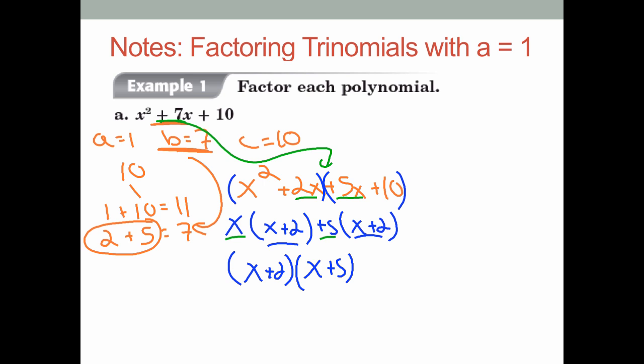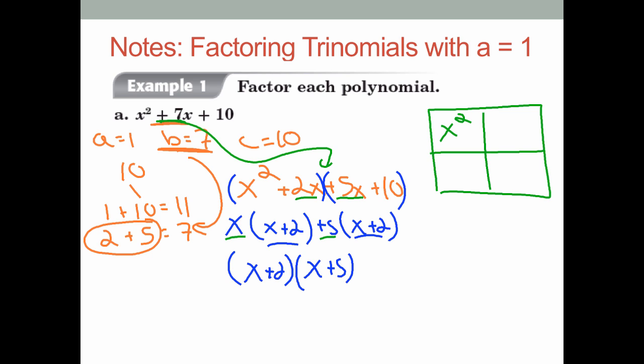Now, the other method to this is using the reverse box method. But it's the same process, where I know this is x squared. That's going to be my a term. I know this is 10. So this first piece here is going to be x times x. That's the only way of getting an x squared.